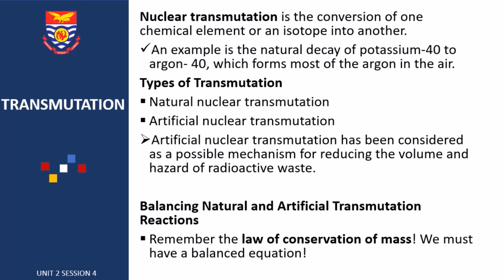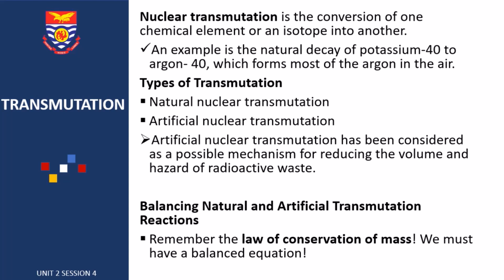Examples of natural transmutation include stellar nucleosynthesis, which creates most of the heavier chemical elements in the universe. We can also talk about certain radioactive elements present in nature that spontaneously decay by a process that causes transmutation, such as alpha or beta decay.